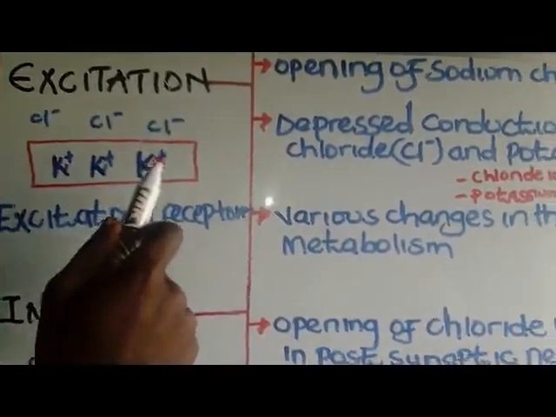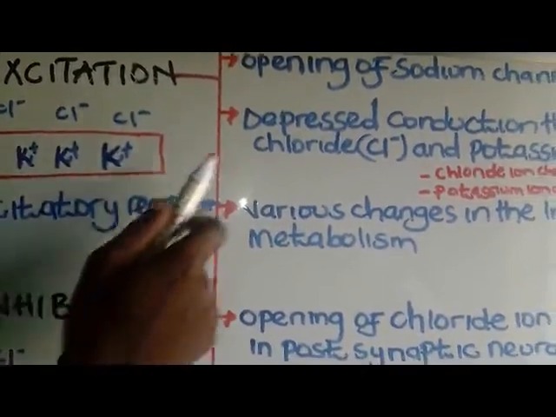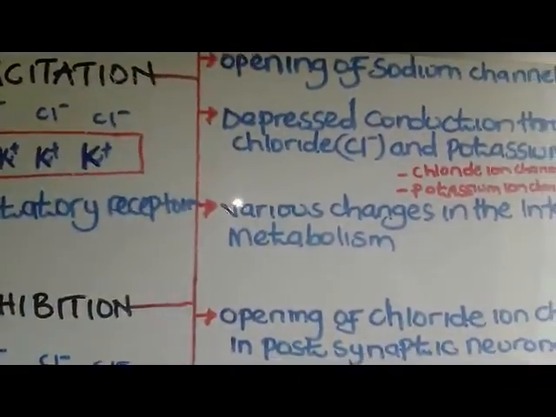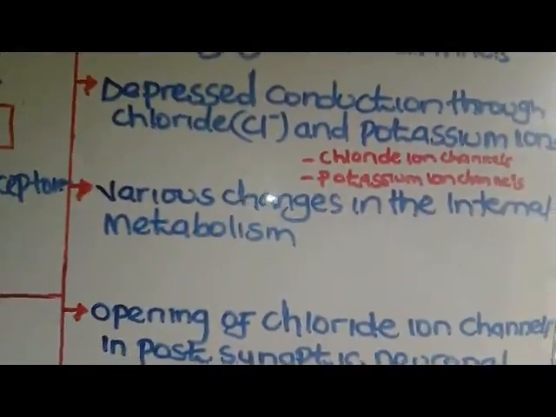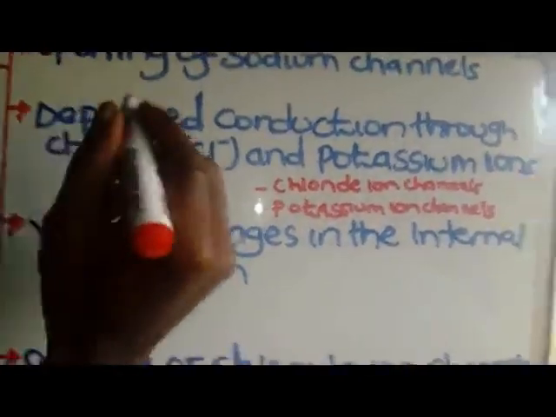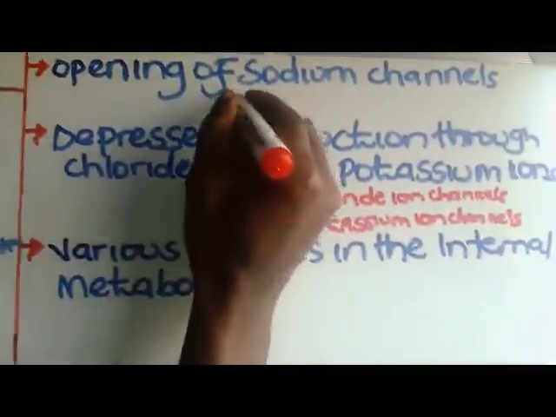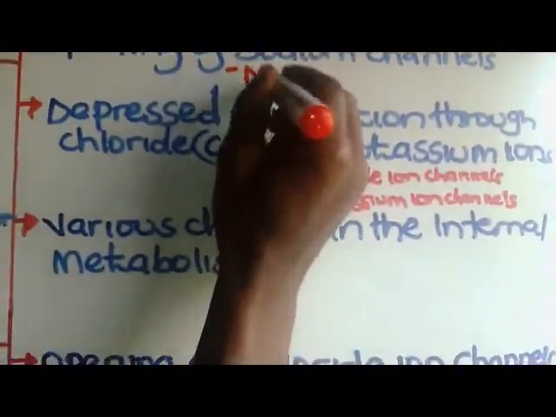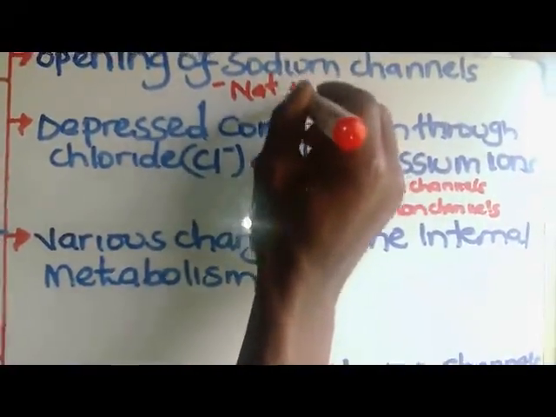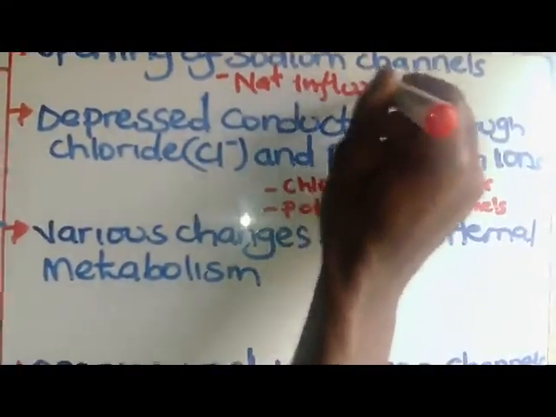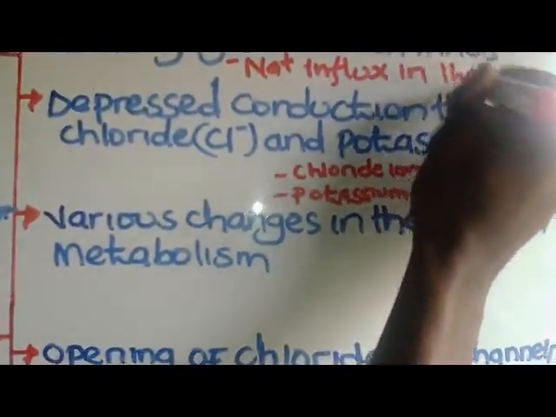Excitation, which I'm referring to, will involve all the following events. The first event, opening of the sodium channels. When the sodium channels open, members, we are going to see that the sodium ions will now influx in the what?